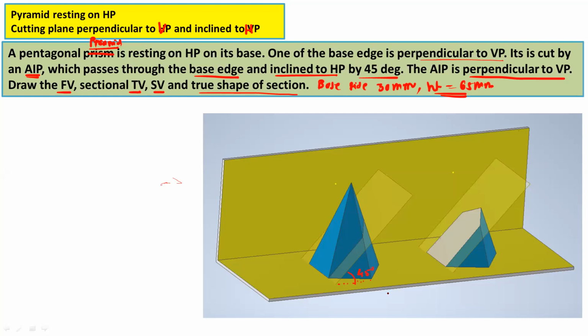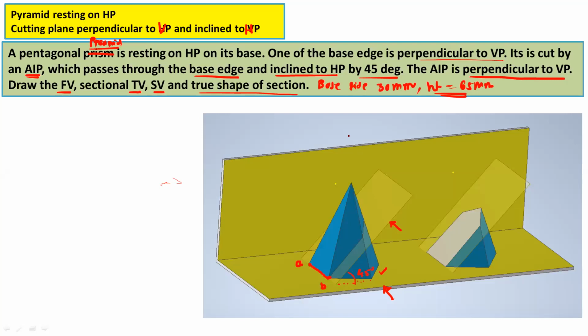So in the front view, you can observe this inclination, and this section plane will appear as a straight line. And the second condition for this inclined plane is that it is passing through this base edge. So let us take this base edge as AB. So the section plane is passing from this base edge. At the same time, the angle is 45 degrees.